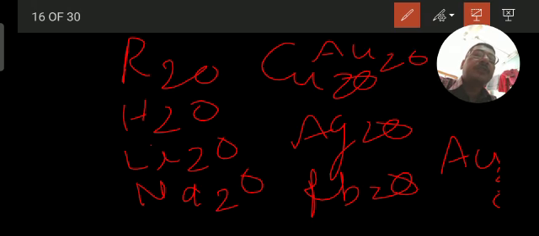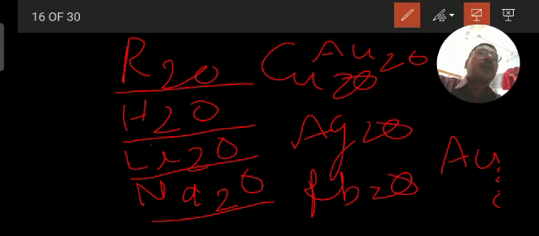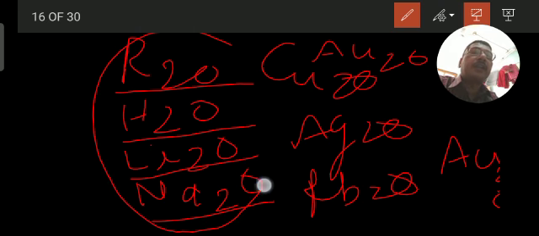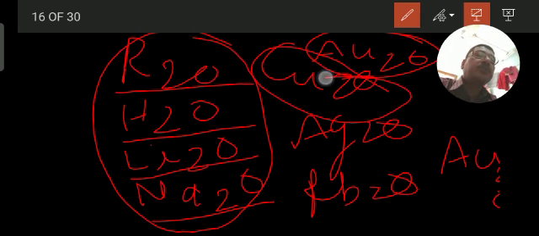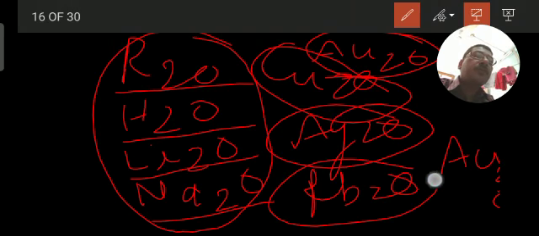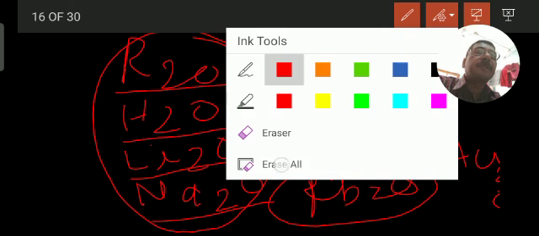Clear. So these oxides with the same general formula are given in Mendeleev's periodic table. He gave the idea that if they make the same kind of oxide, copper oxide Cu2O, Ag2O, rubidium oxide Rb2O, then they can be kept in the same group.